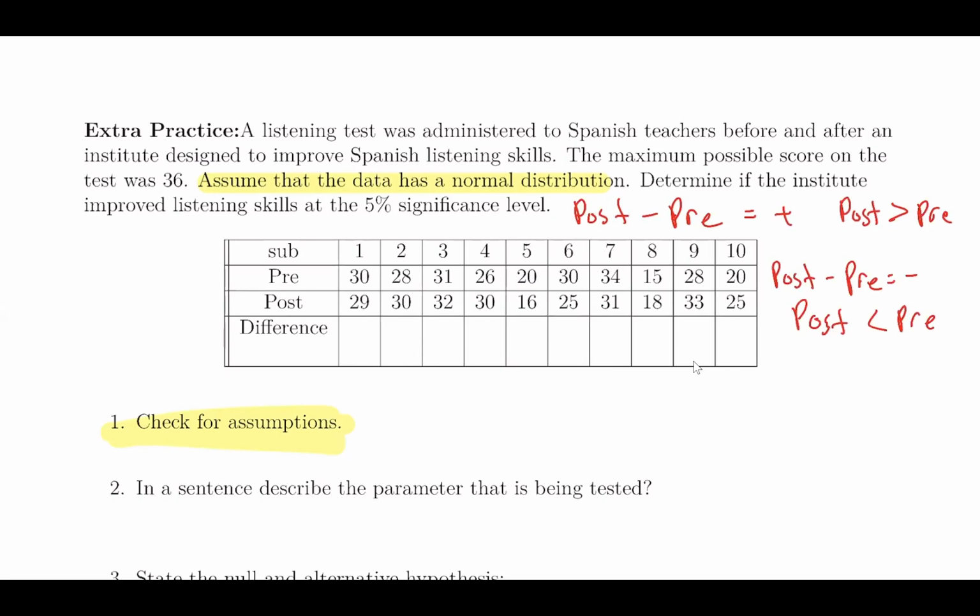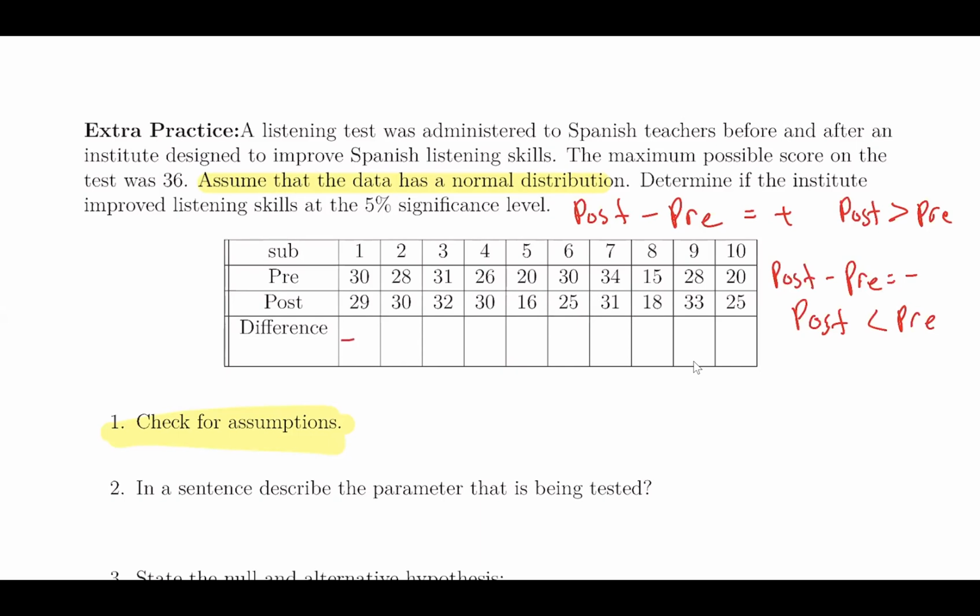So for this one, we're going to do post minus pre, so that a positive means they did better in the post and a negative represents that they did worse in the post. Does everybody get how I'm subtracting it? All right, so let's subtract them.